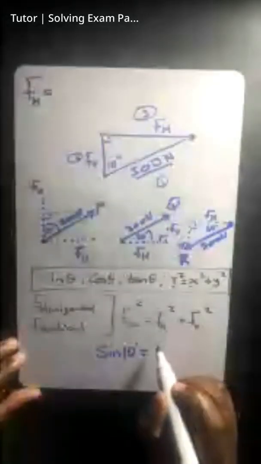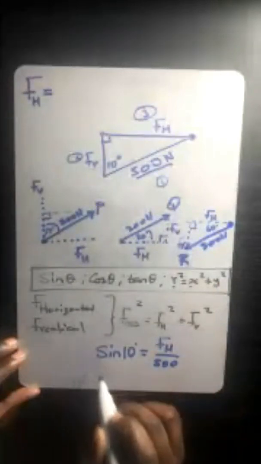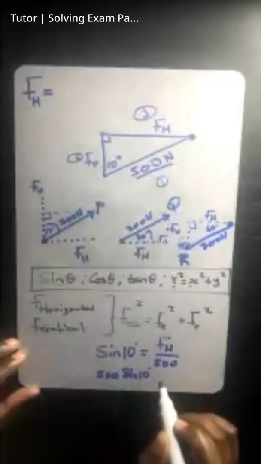But to go step by step, you are saying opposite. So opposite is FH over the hypotenuse, which is 500. So you just cross multiply, you are having 500 sine of 10 degrees.